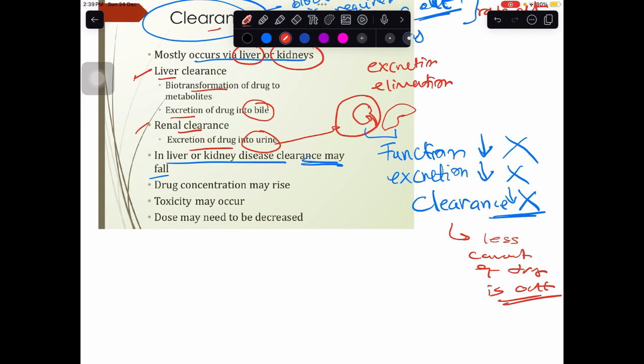If less is going to be out, the drug concentration will increase or rise inside my body. Because if less is being excreted, more is going to be in my body. Obviously this can cause toxicity, right? And in this case I'll need to decrease my dose to prevent toxicity from happening.